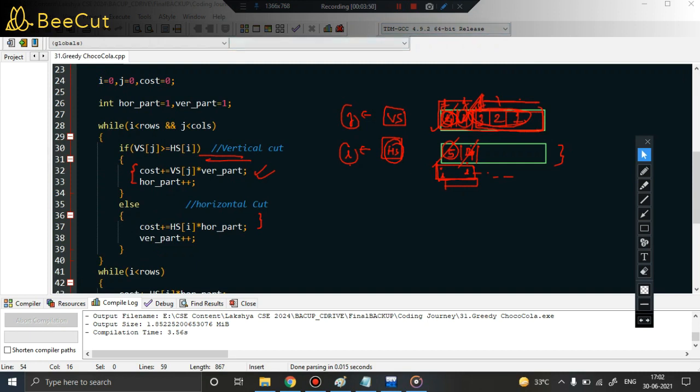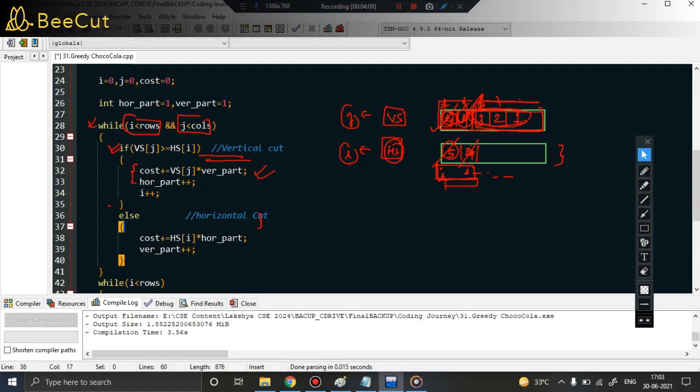Alright, but before compiling, I want to do one thing. You see, we are using a while loop wherein i should move till rows and j should move till columns, and inside the if and else blocks we are not incrementing i and j, and that is something wrong, right? We should increment it, i plus plus, and increment j also, j plus plus.